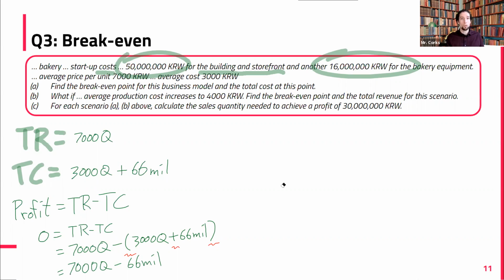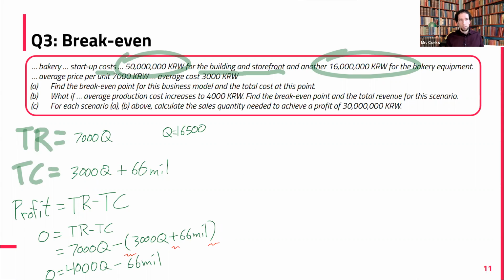So 7,000 Q, sorry, not 7,000. I forgot to do that subtraction. 4,000, that's better. 4,000 Q minus 66 million is equal to 0. And then we use that to solve for Q. And therefore Q is whatever number. I think it was 16,500 for that question. So that's how we solve this.